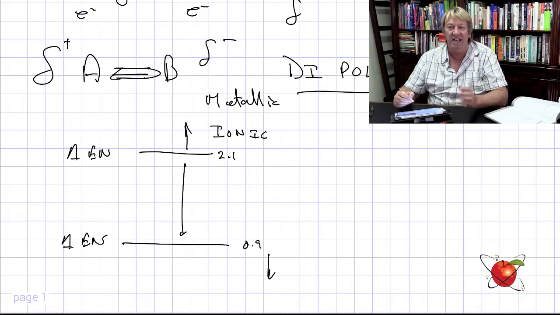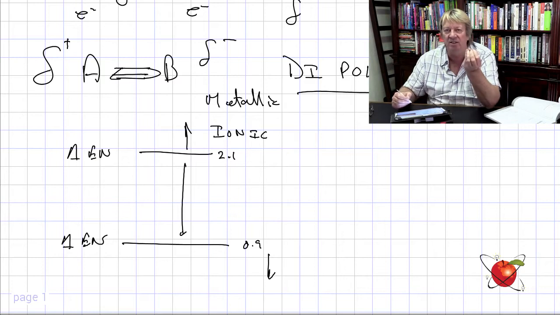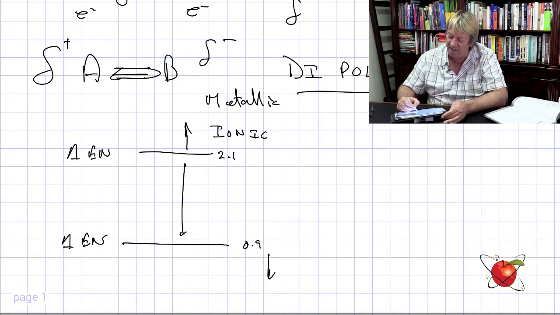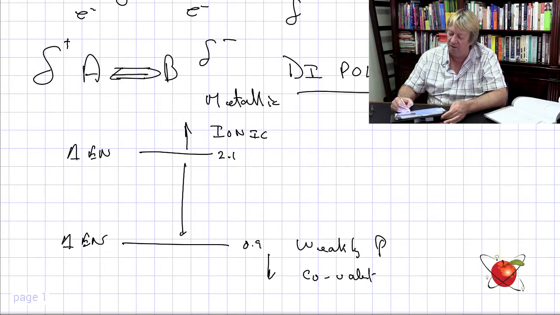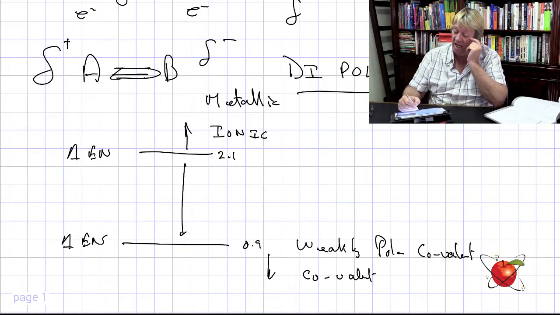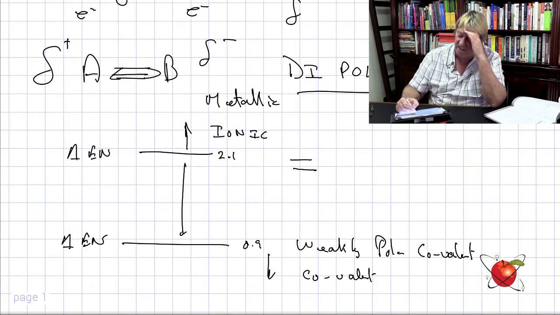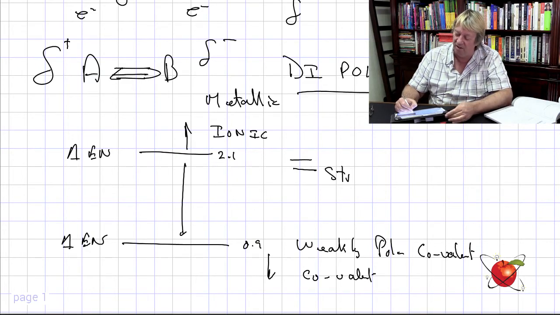Below there, it's too weakly covalent to be of interest, so we say that this is going to be covalent. Over here, it's weakly polar covalent, and up top here, just below somewhere there, is strongly polar covalent.